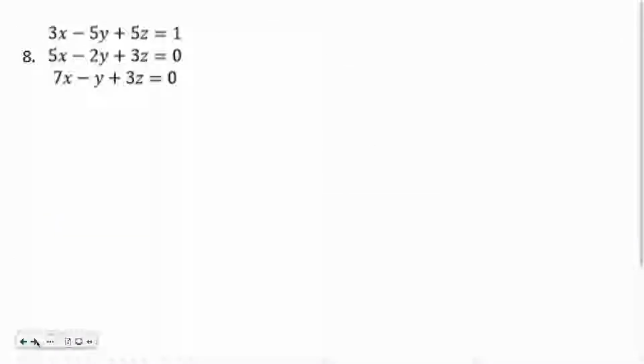So number 8. Okay? If you didn't do number 8, yay, we did it together. Okay? Here's the deal. On the front side, were you able to solve 2 equations, 2 unknowns? Yes. Okay? Those are what we're probably the most comfortable with. 2 equations, 2 variables.